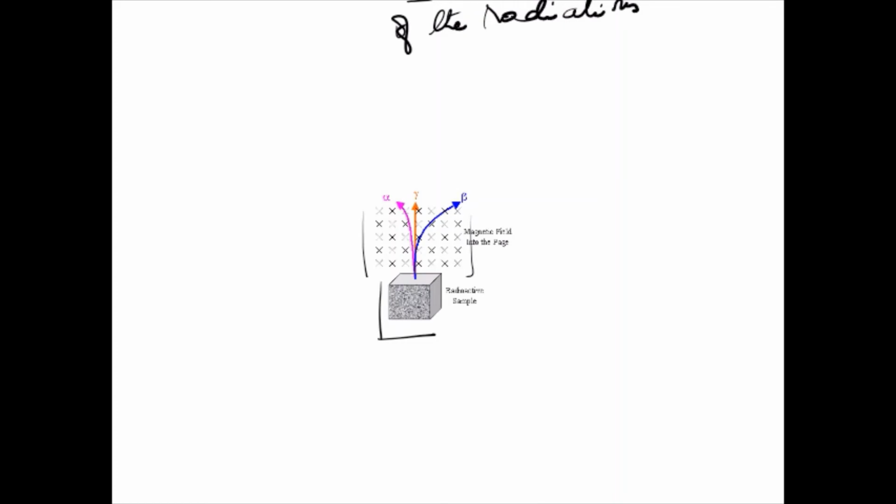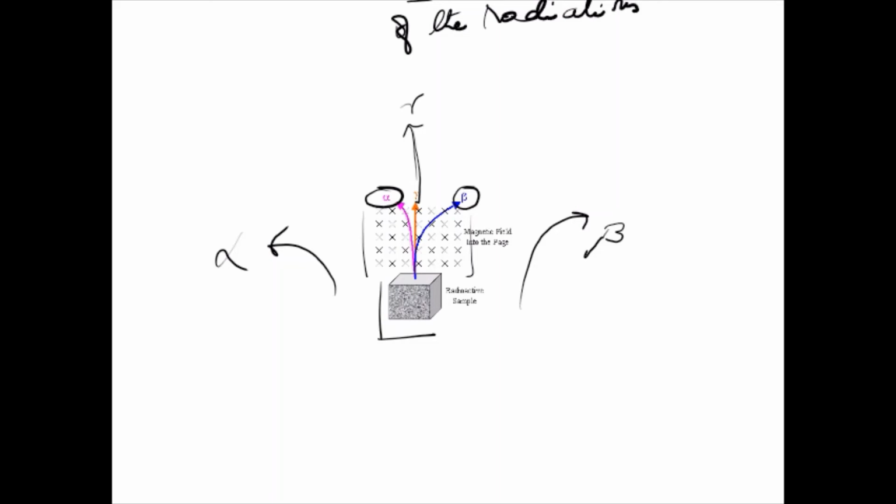Towards the left, they are alpha particles. Towards the right, they are beta particles or beta radiations, and the one which went straight undeviated are the gamma radiations. So those which turn to the left are alpha, those which turn to the right are beta, and those which go undeviated are the gamma radiations.